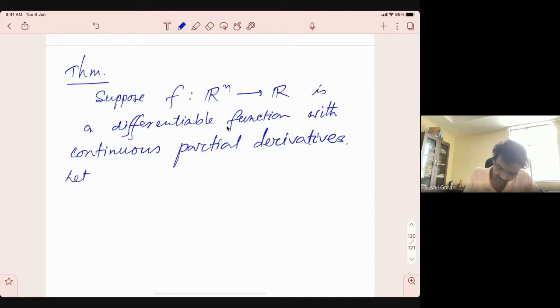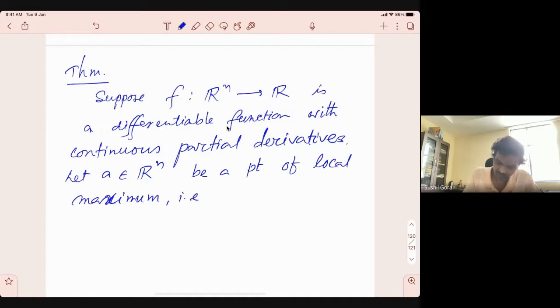Let a belong to R^n be a point of local maximum.